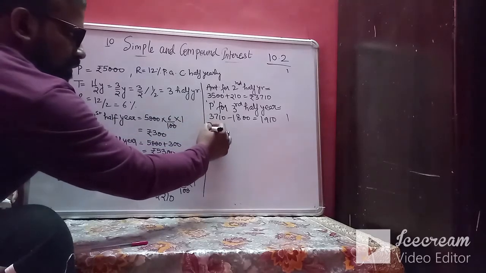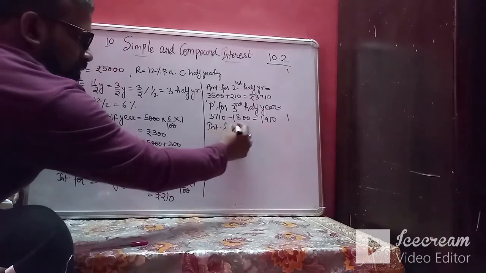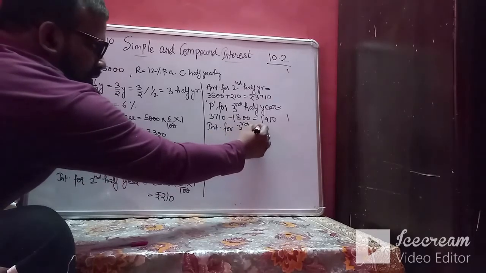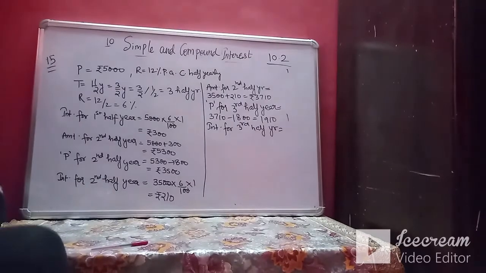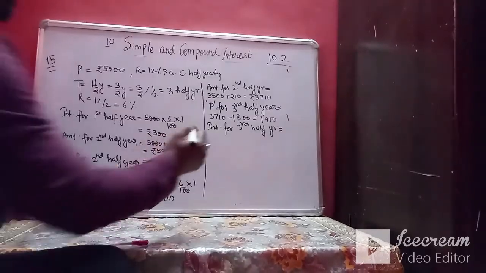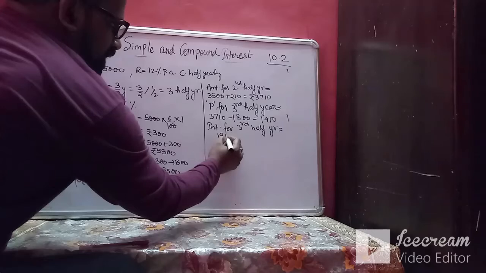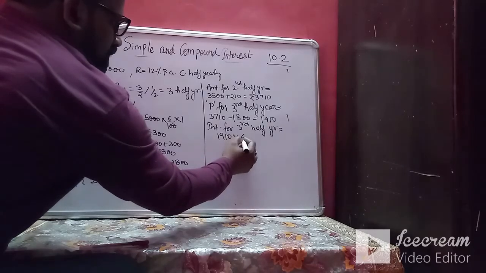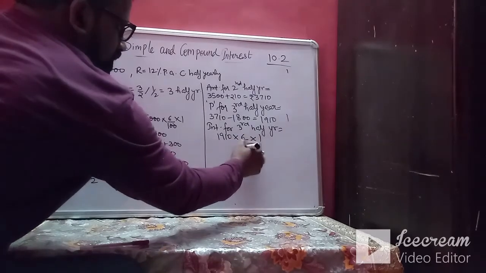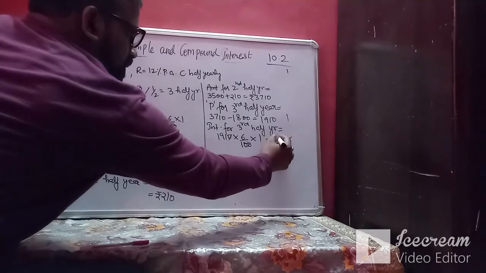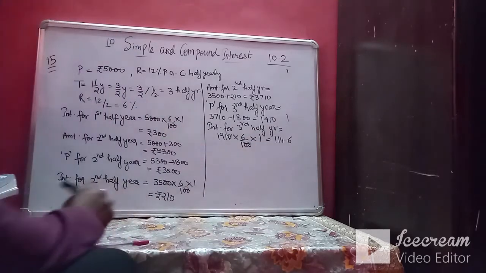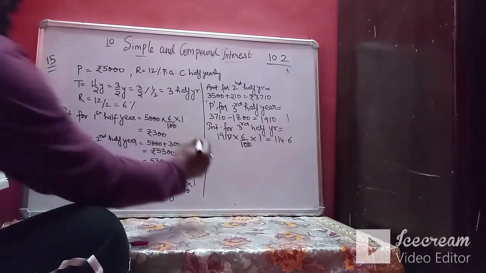Now interest for the third half year. How much interest will be there? It will be 1910 into 6 upon 100 into 1, that is 114 rupees 60 paisa.